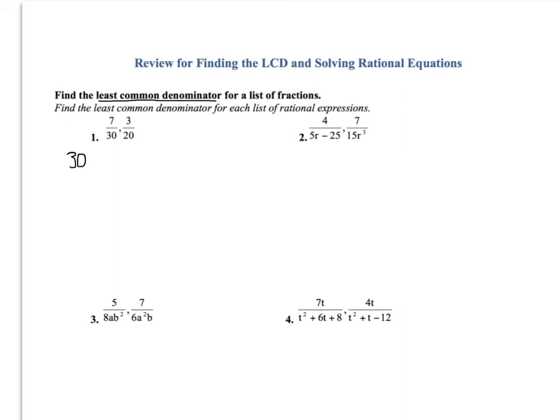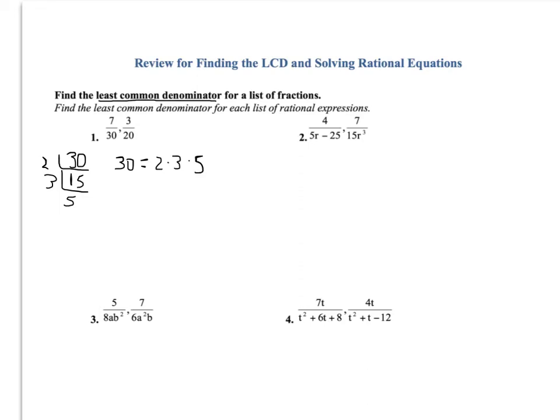We want to figure out how to factor 30 using only those prime numbers. As long as it's an even number, begin by dividing the number by 2. 2 would go into 30 15 times. This is no longer an even number, but I do know that 3, which is the next prime number, will go into 15, and it will go 5 times. That gives me a prime factorization for 30 of 2 times 3 times 5.